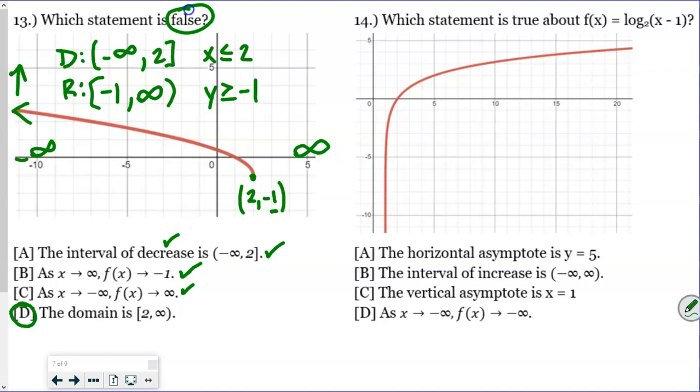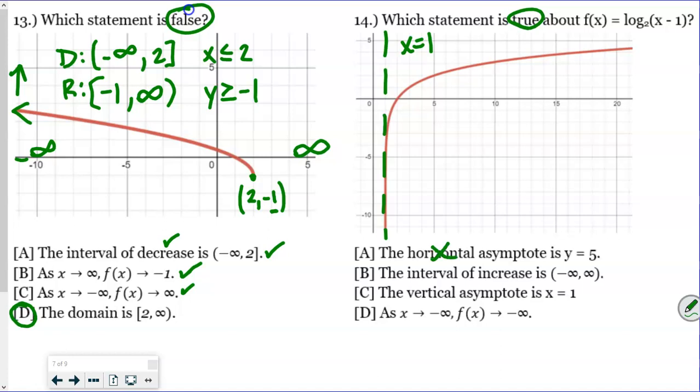Then the next one, number 14, says which statement is true about f of x is equal to log base 2 of x minus 1. Okay, so this is going to have a vertical asymptote, isn't it, guys? So that's going to be at x equals 1. It doesn't have a horizontal asymptote, so that's definitely not true.